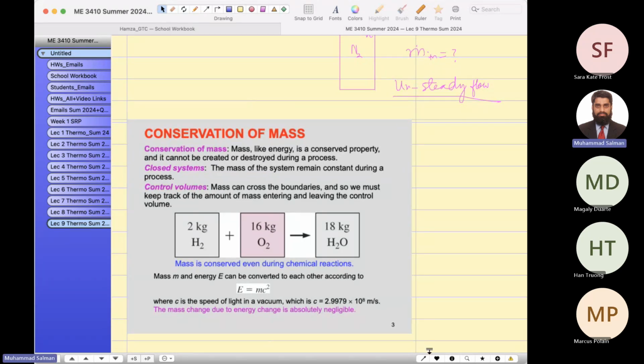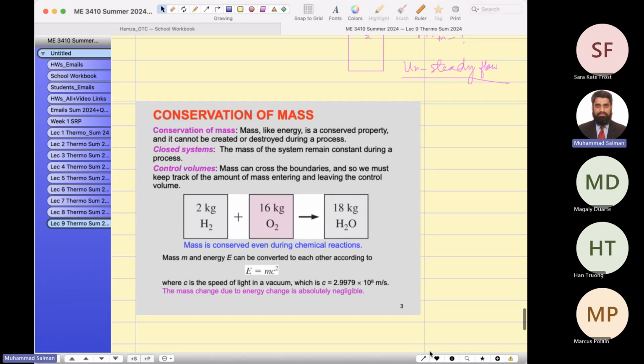As I mentioned, the conservation of mass means whatever mass comes inside the device is equal to the same mass leaving the device. Mass or energy is a conserved property.